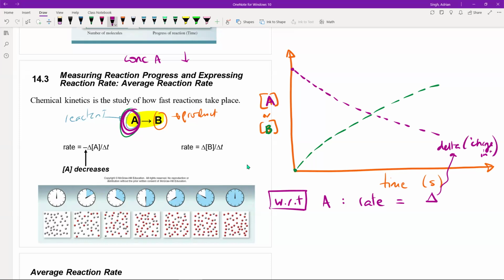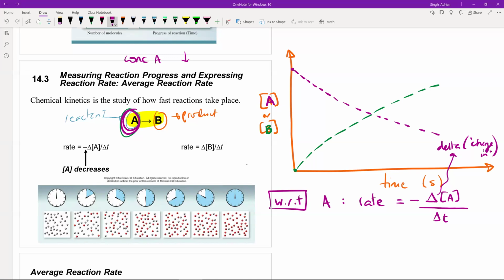In this case, it's the change in the concentration of A, and then the time that it takes for that change to happen, which would be delta t, the change in time. What you will notice also is that the concentration of A is decreasing as time progresses, so we actually need to put a negative sign here to account for that.